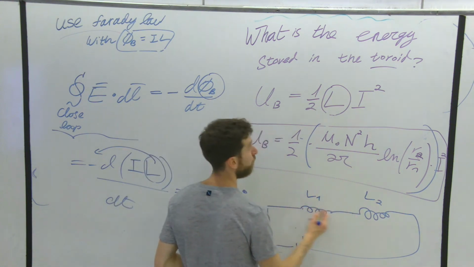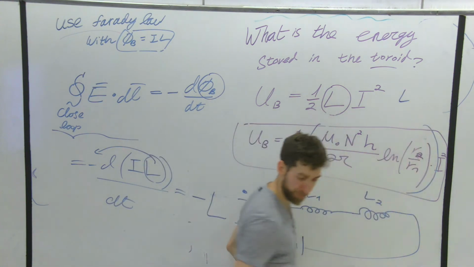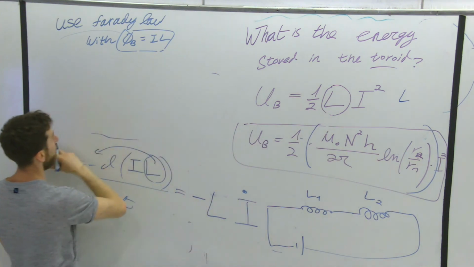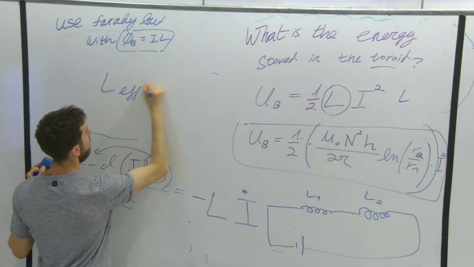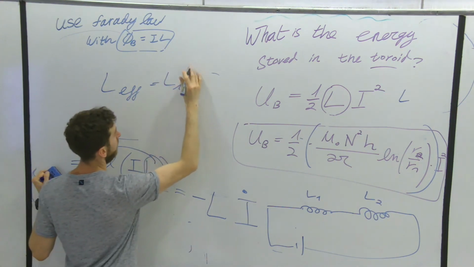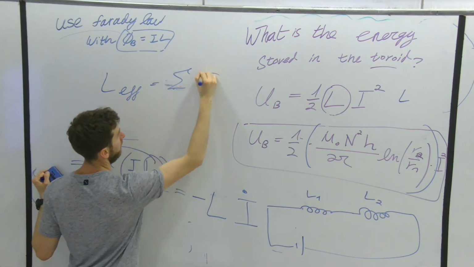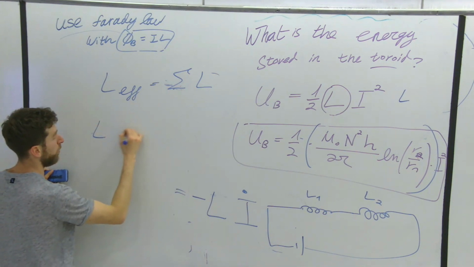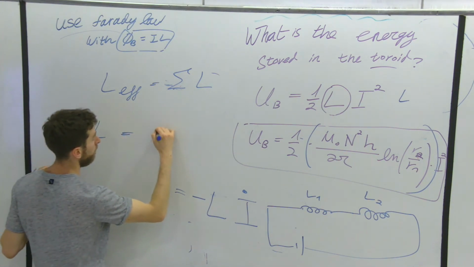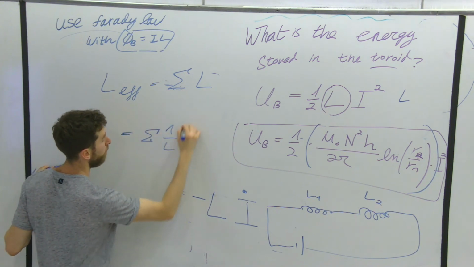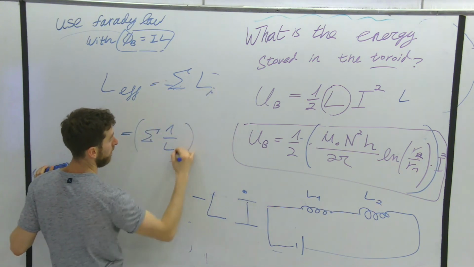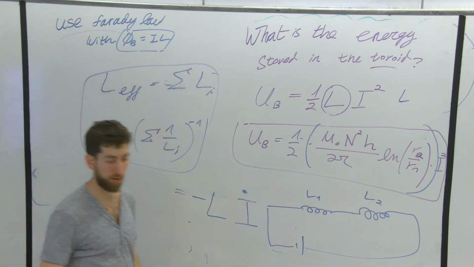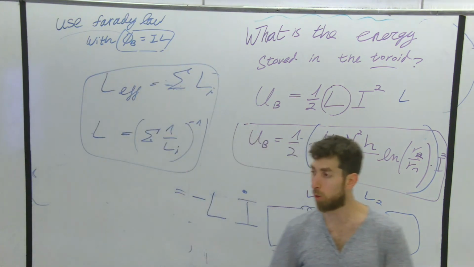The effective one, L effective, you can find easily. L effective is the sum for series, and if it's parallel, it's the sum of the 1 over L, all to the power of minus 1. So you can also do this trick, and save time.